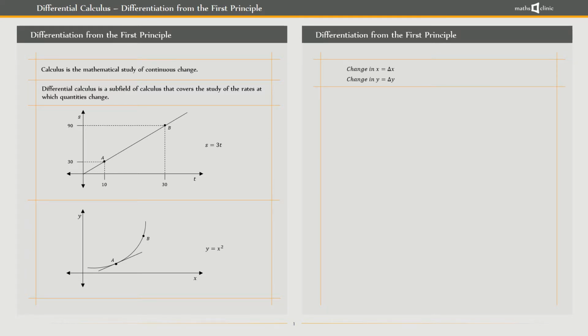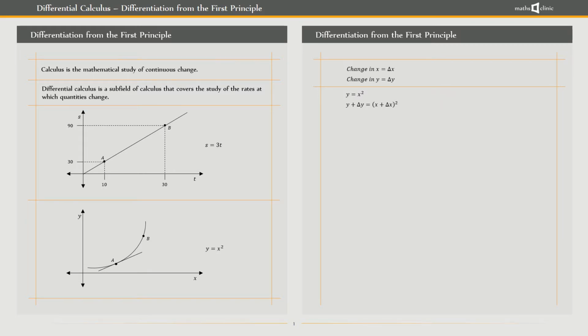Now our function is y equals x squared. Okay, and then if I introduce the change in x, so that I bring in delta x, I add delta x to x, the result would be a change in y, the resulting change in y, delta y.